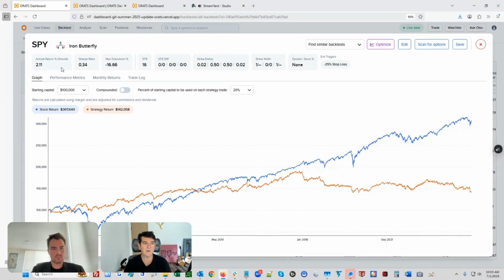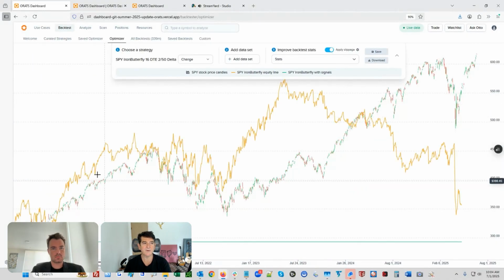So what we do is we get this backtest, and then we click optimize, a new button that we've put in here. And this is our new beta version of the backtester. We're looking for beta testers now, and we want to make this as clear, easy to use, and valuable for people.